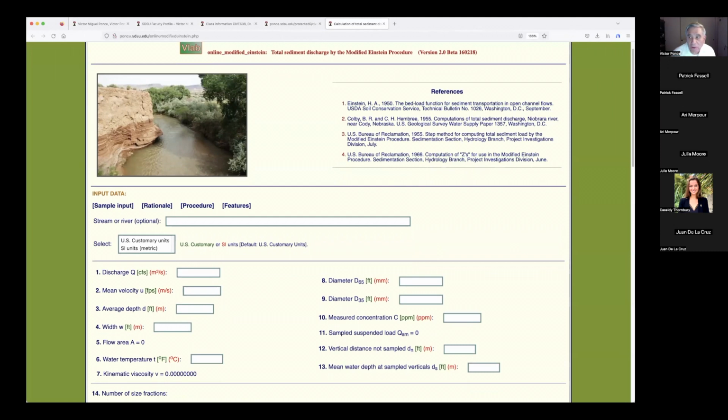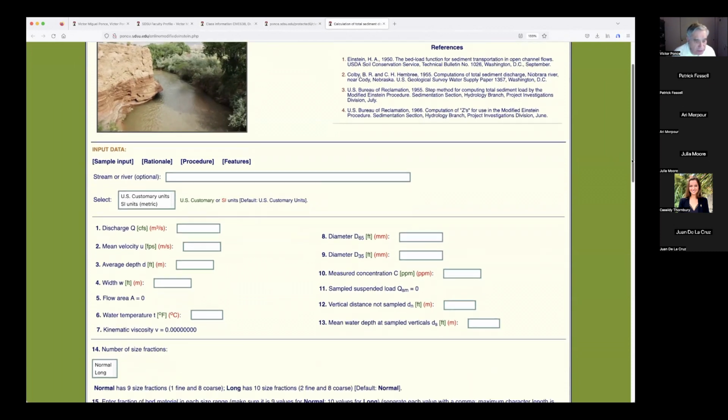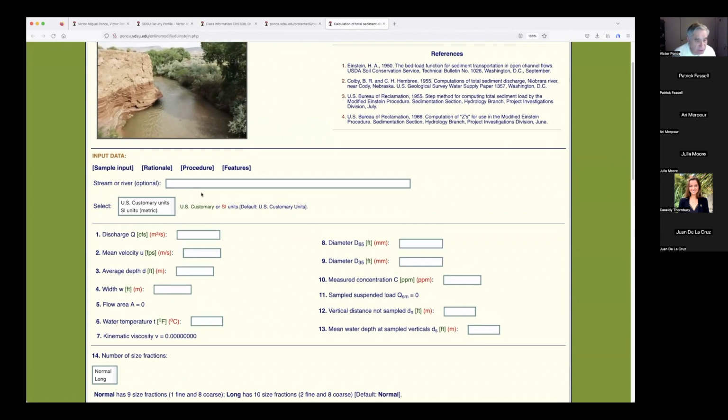Okay, so I'm going to rerun this so that I can show you, and I believe I did my work this morning, and I'm hoping I didn't reset it or anything. The discharge 230, 208, this is the standard input for the modified Einstein procedure.